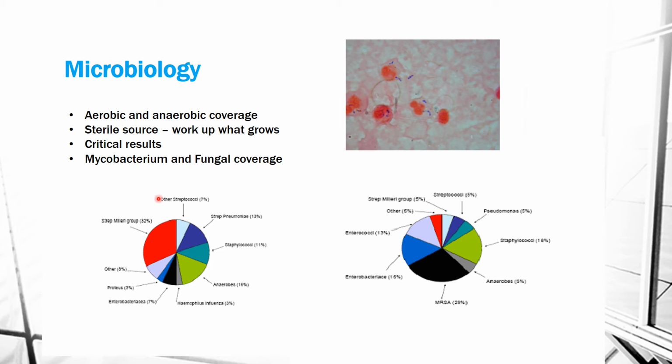You don't have half of the pie belonging to any one particular group. Strep milleri group, which is in our Viridans strep pile, and then you have 8% other. Okay, 5% I think other over here. So there's a lot of things that can cause the various infections, and these are just the breakdown from 2 particular hospitals.